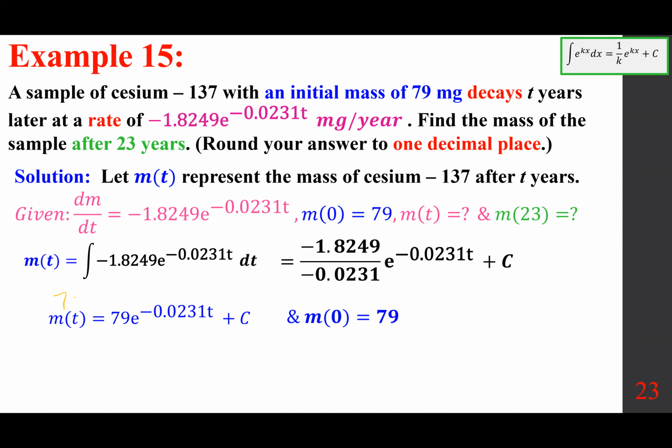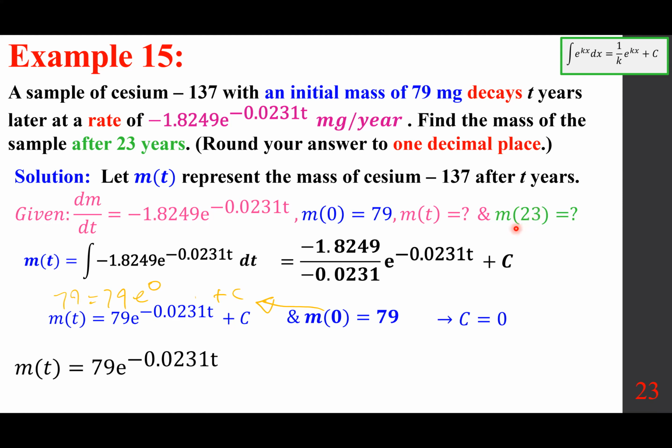That means 79 equals 79 e to the power of 0 plus c. That's the meaning of it. As you know, e to the power of 0 is 1. So 79 plus c equals 79, c becomes 0. And this formula, basically, you rewrite it without the c. So this is m of t.